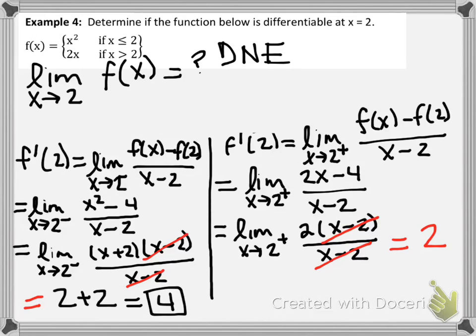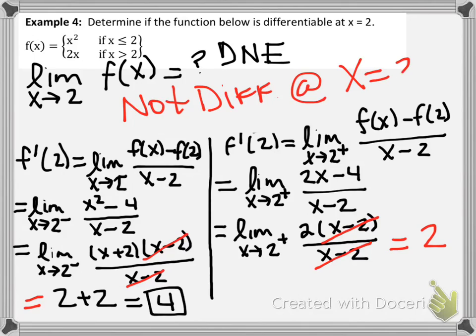So our function then is said to be not differentiable at x equals 2. And this is how we can prove it using calculus, using limits, but importantly using our background knowledge of algebra. Okay, so it is not differentiable at x equals 2.